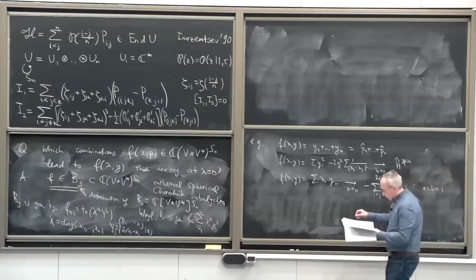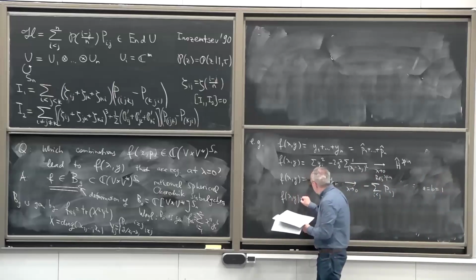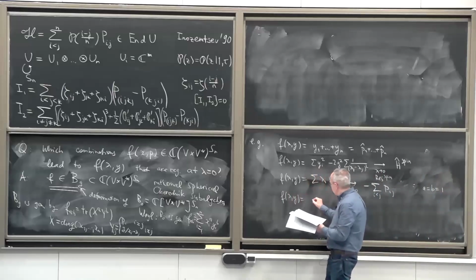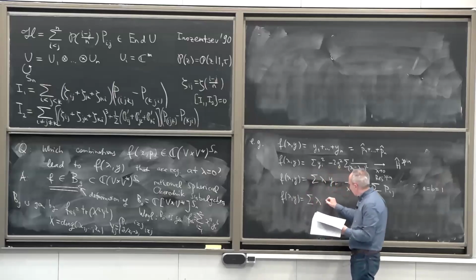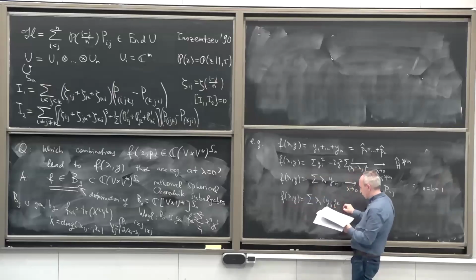And the less trivial example, which I can take, is a more complicated combination. I didn't do it by that formula with the matrices, but I know that this function lives in this spherical subalgebra.